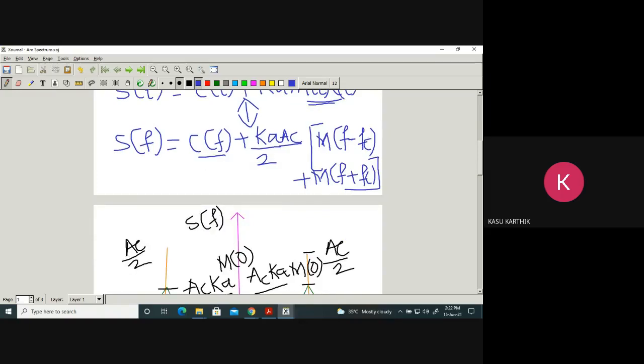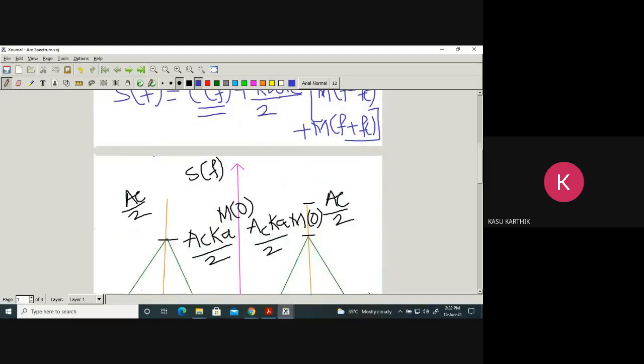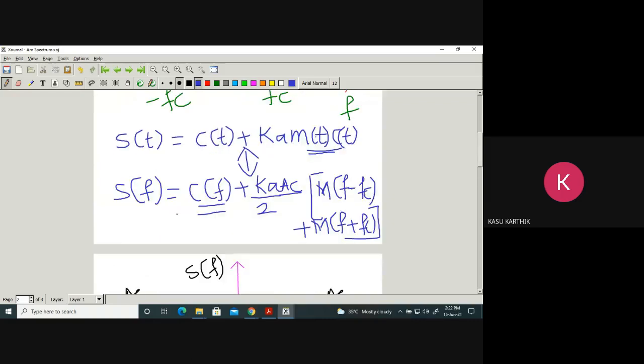Now what is C of f? Two impulses at fc and at minus fc with a strength or amplitude AC by 2, AC by 2. So these two are C of f, and that is done already. Next we should draw m of f minus fc and m of f plus fc. What do you mean by that? Right shifted and left shifted by frequency fc.